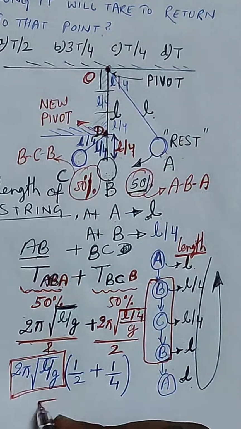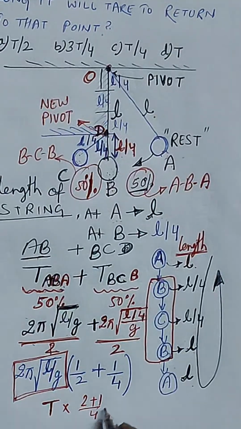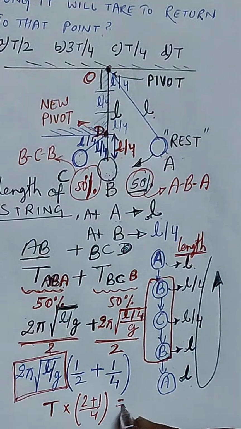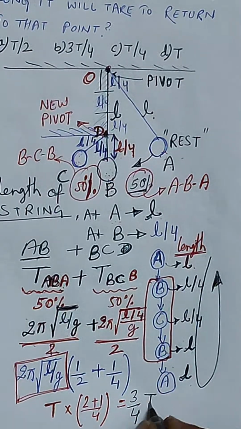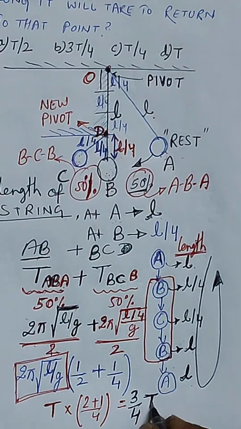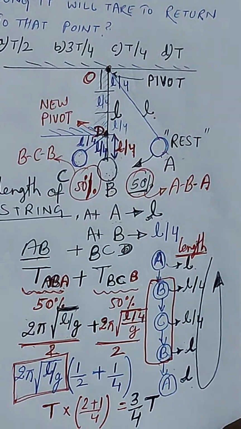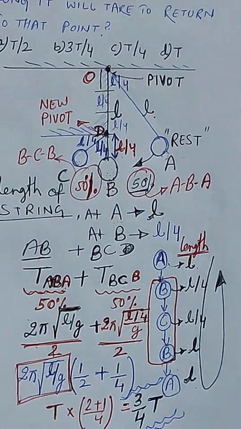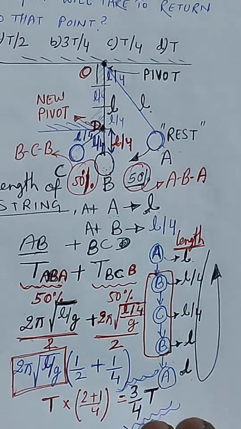If you represent it by T, then multiplied with 1 by 2 plus 1 by 4. When you simplify the numbers, this will be giving you 3 by 4 T. So my dear, the total time period of oscillation is calculated, and 3 by 4 T is your answer, my dear friends.